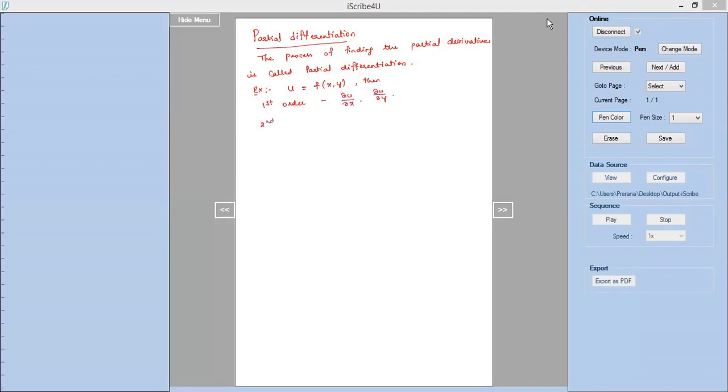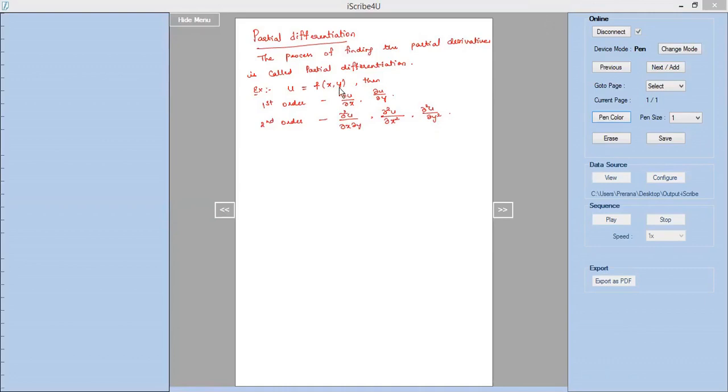Similarly, the second order partial derivatives are denoted by dou square u by dou x square, dou square u by dou y square. So these are the partial derivatives that we can write for u as a function of x and y.